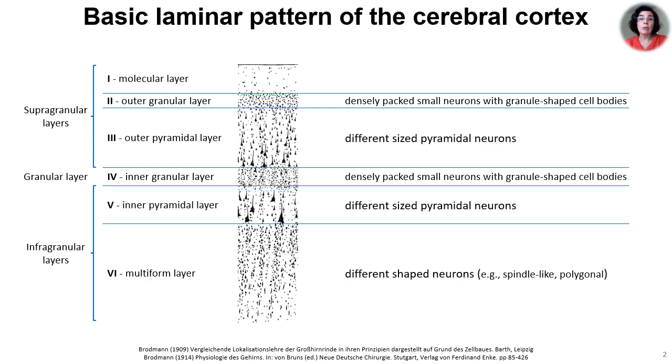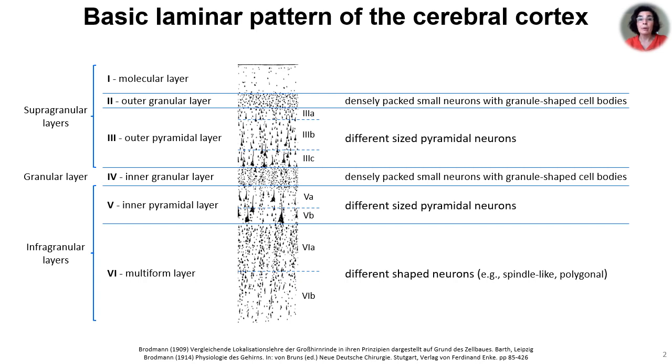Layers 1 to 3 are the so-called supragranular layers, that is, they are found between the pial surface and layer 4, whereas layers 5 and 6 constitute the infragranular layers. In some areas, sublayers can be defined based on a gradient in the size and/or packing density of the cell bodies they contain.